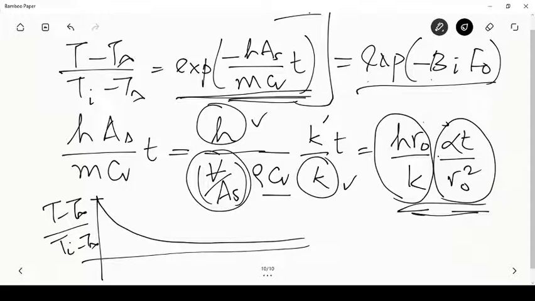It decays with this as the coefficient. If you closely look at it, because this product HAS T by MCV is a non-dimensional number, this MCV by HAS is actually going to be another time. So this becomes a minus of T by some characteristic time.